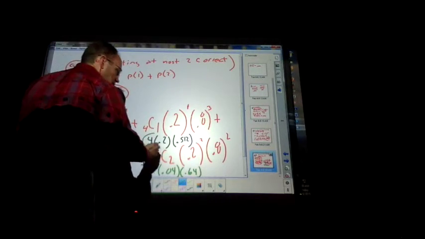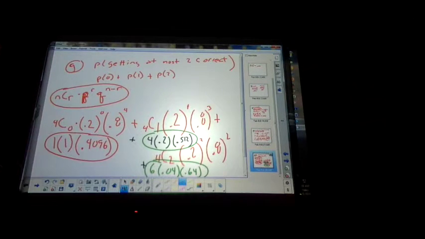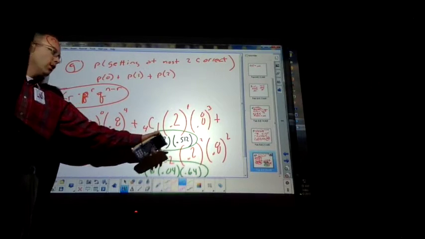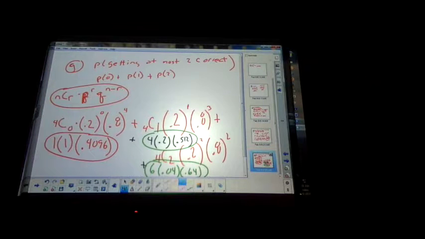So I need this, and this, and this added together. On your calculator, go 1 times 1 times 0.4096 plus 4 times 0.2 times 0.512 plus 6 times 0.04 times 0.64.